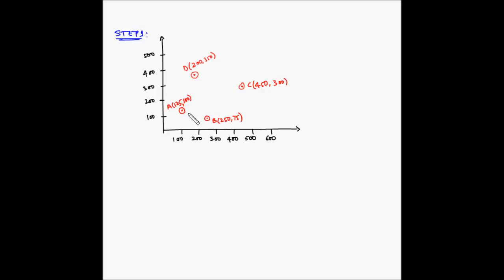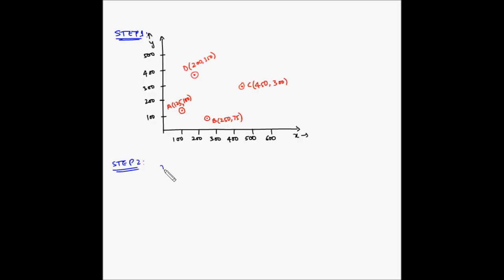So here we have completed step number 1, which is to locate each of the existing facilities on the x and y coordinate grid map. So this is the x-axis, this is the y-axis. Basically this exercise is being done to find out the x and y coordinates of the existing locations. Now let's move to step number 2. This step is to find out the weighted average of the x and y coordinates of the existing facilities.